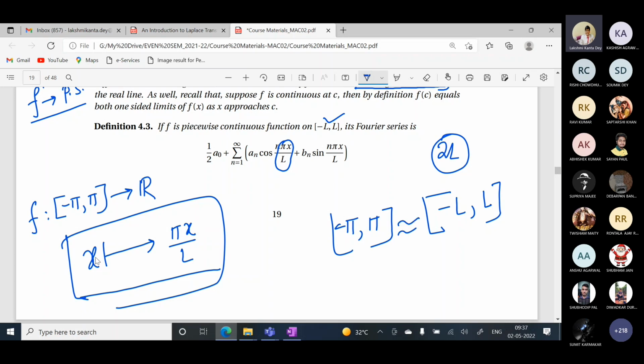So we just replace x by pi x by L, and everything else is fine.